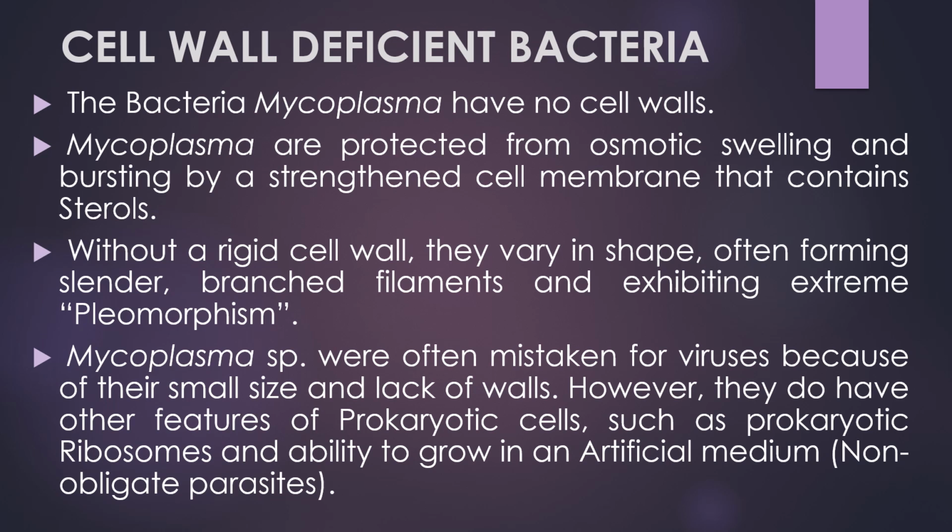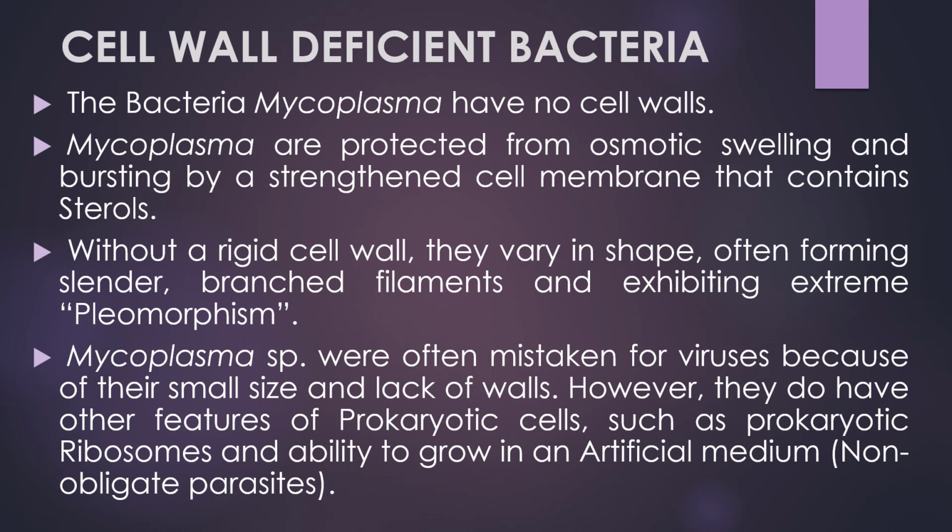Mycoplasma species were often mistaken for viruses because the size of the Mycoplasma is very small and it also lacks the cell wall. However, they do have other features of prokaryotes, like the presence of prokaryotic ribosomes, that is the 70S type of ribosomes, and they have the ability to grow in artificial medium. But viruses lack both things.